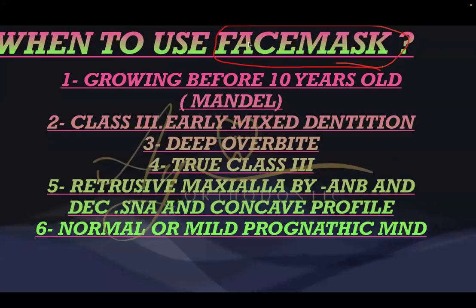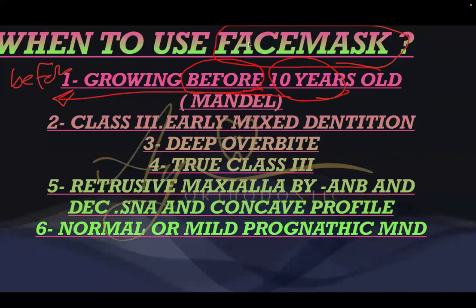When to use the face mask, what are the indications? First of all, according to Mandel, you need to use it before 10 years old. And in a few moments we are going to know why before 10. Class 2 in early mixed dentition, I need to have deep bites, because the face mask tends to procline the upper incisors.